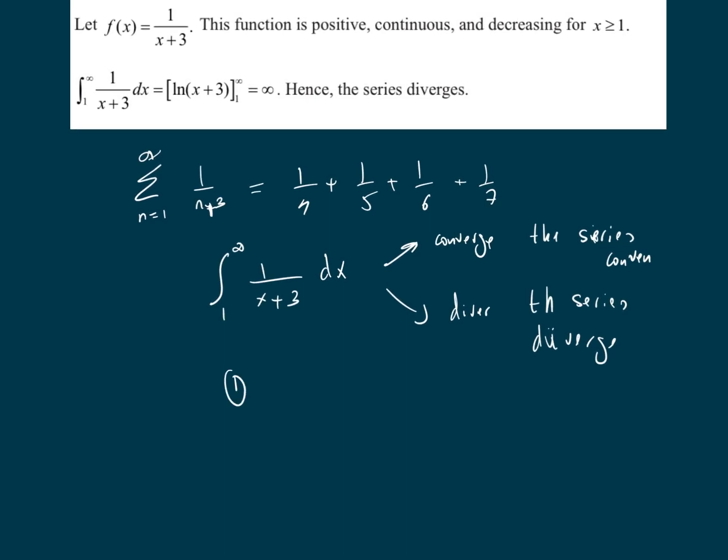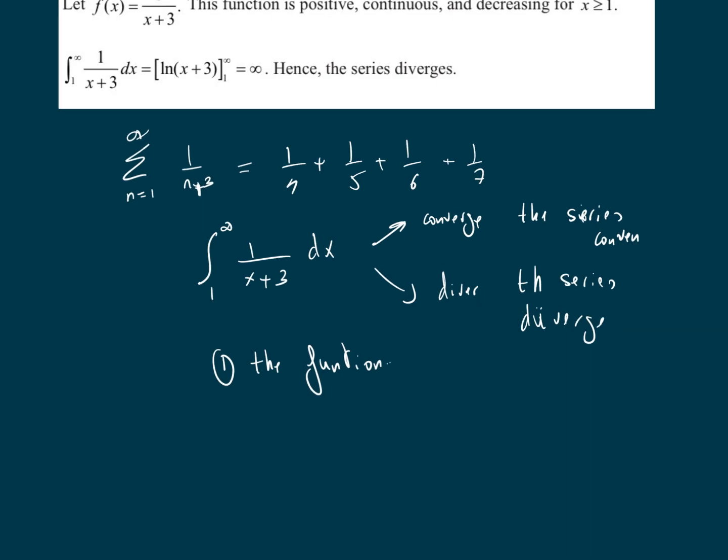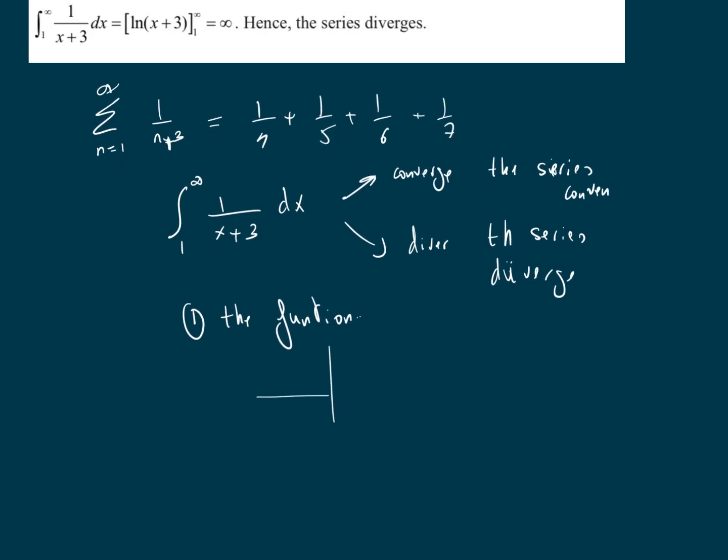First condition, the function has to be positive. This function is always positive. Indeed, if I represent this function 1 divided by x plus 3, at x equals minus 3 there is an asymptote, so the function will do like this. When x is 0, this is 1/3, and it goes to 0 at infinity.